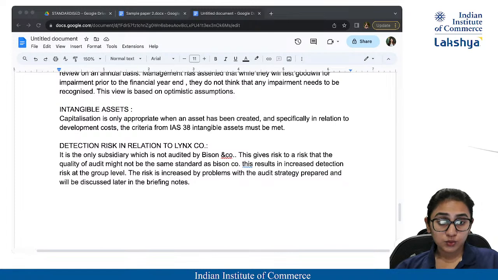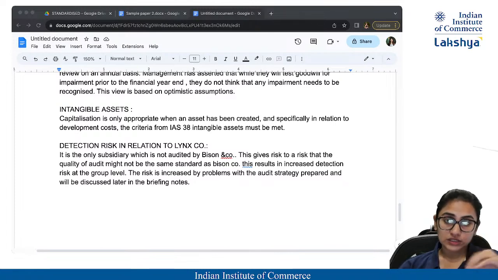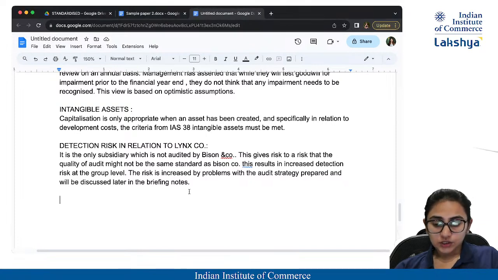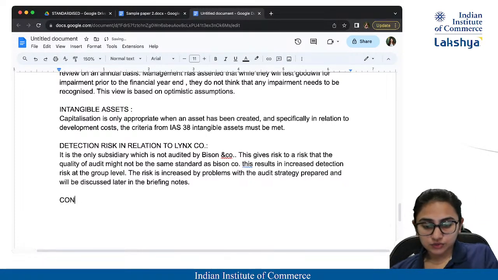And the audit of goodwill in particular, that is the goodwill arising on acquisition of Links company, is an area of significant audit risk because you are not doing the audit of that, and the notes recommend the principal audit procedures to be conducted. So you will end the answer with a conclusion saying what I just said.